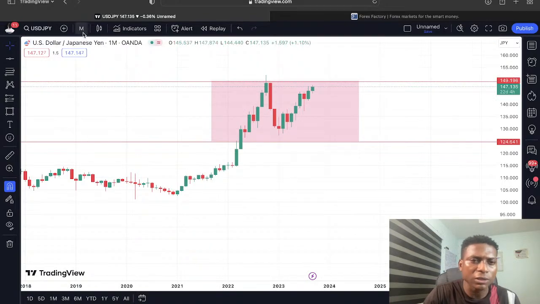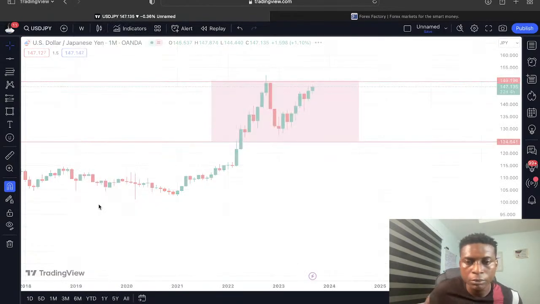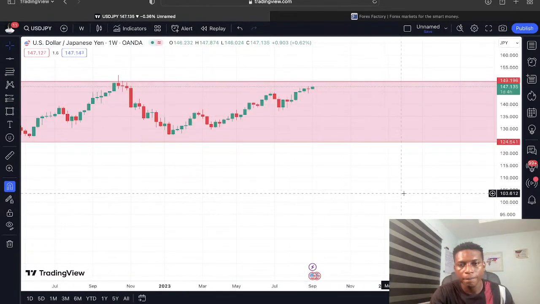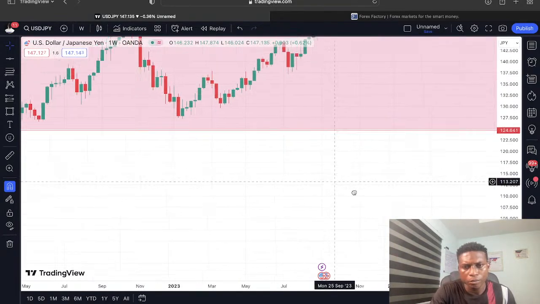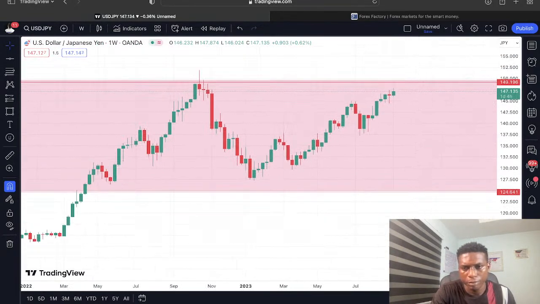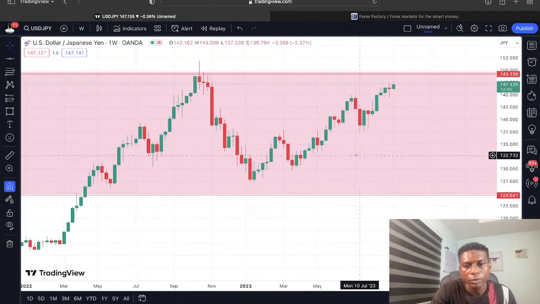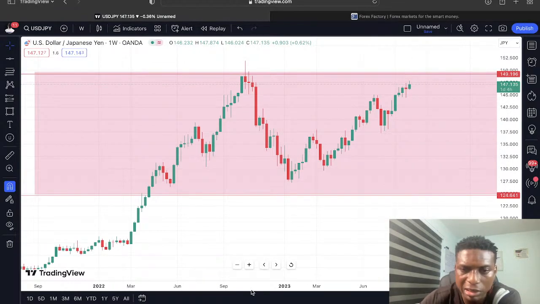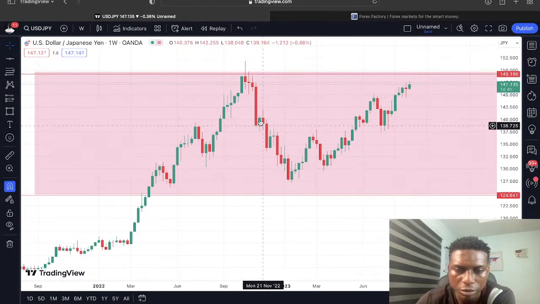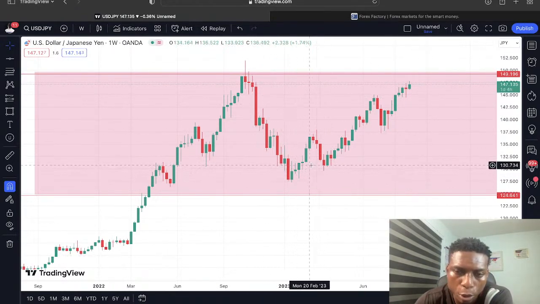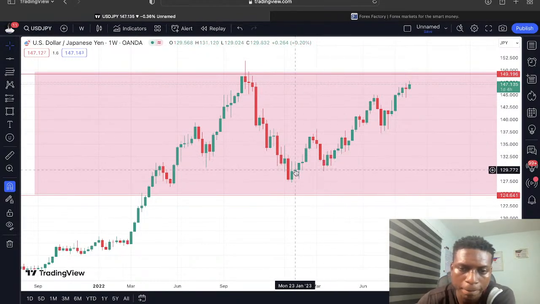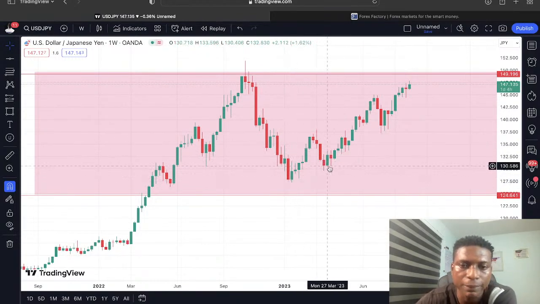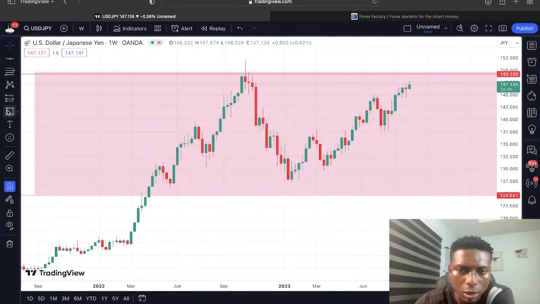So now let's look at the weekly time frame. We can definitely see on the weekly time frame, there's a double bottom here. This is one bottom, this is another bottom, a double bottom.